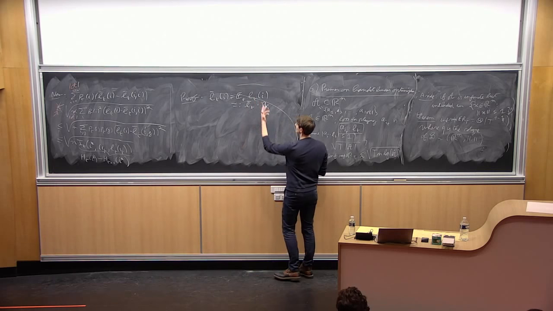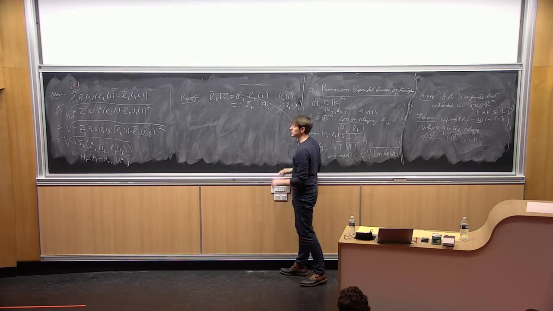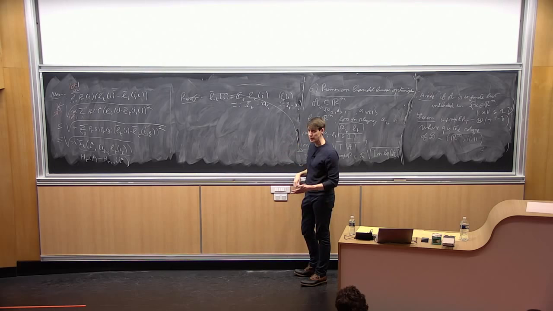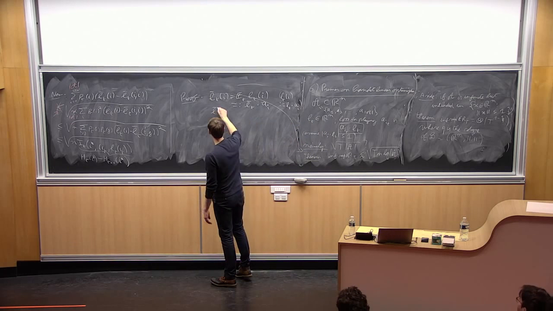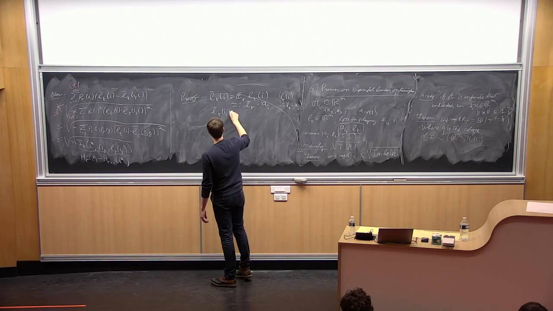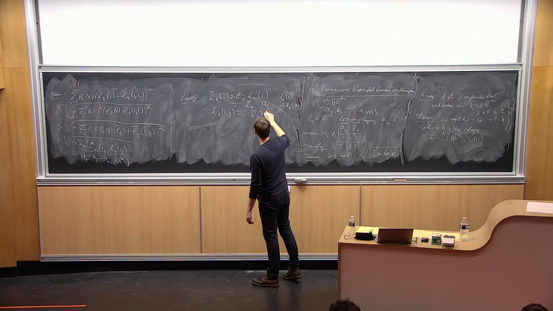Right? This expectation of L_{t,i}, by definition, is L_t inner product with a_i. So let me just call L bar t the expectation of this vector conditionally on everything I have observed. And similarly, L bar t,i, by definition, is the inner product between L bar t,j and a_i.